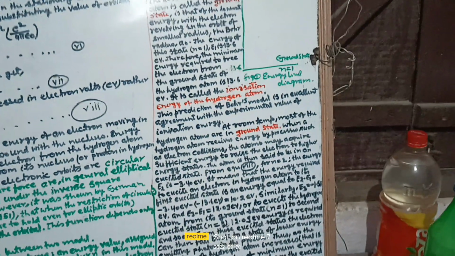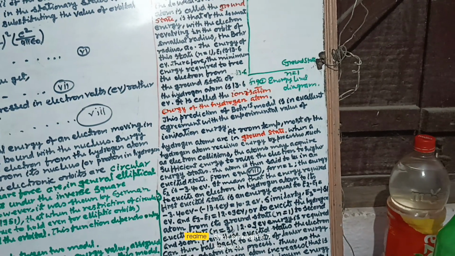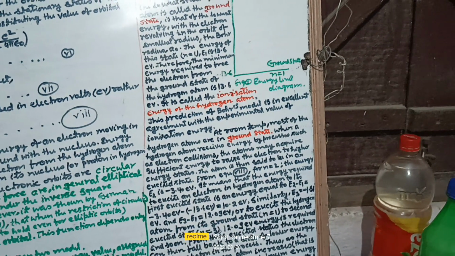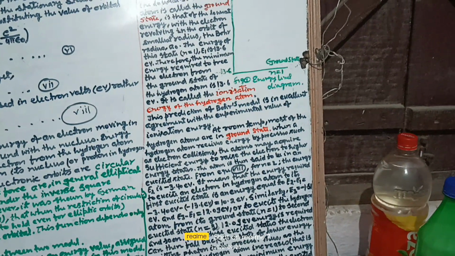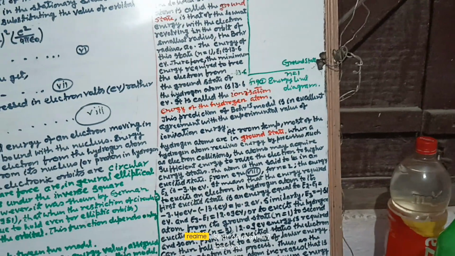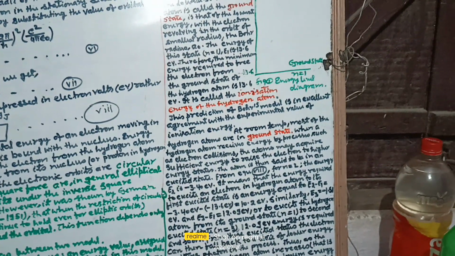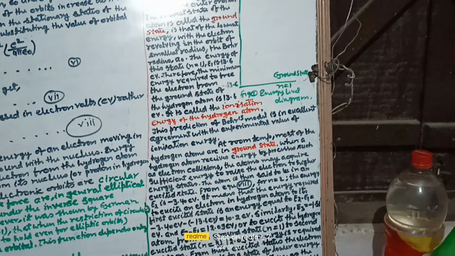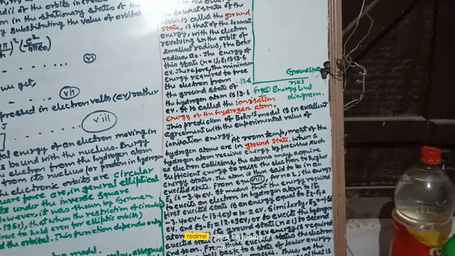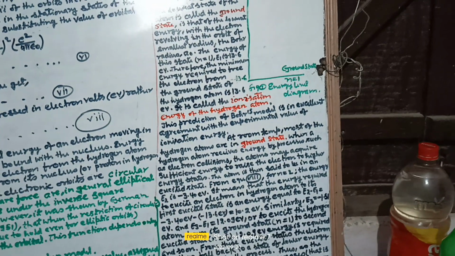It means that the energy required to excite an electron in hydrogen atom to its first excited state is an energy equal to E2 minus E1 equals minus 3.40 electron volt minus minus 13.6 electron volt equals 10.2 electron volt. Similarly, E3 equals minus 1.51 electron volt and E3 minus E1 equals 12.09 electron volt.